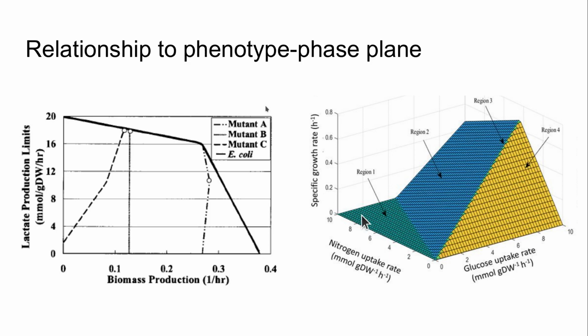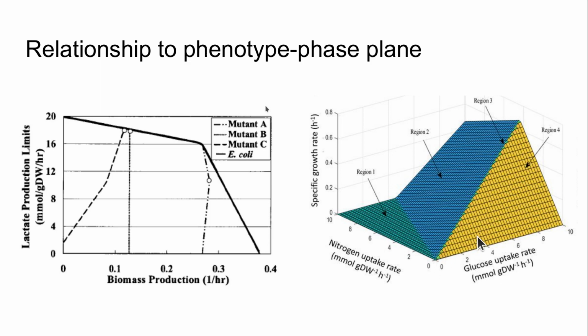This might be a little bit confusing, but the point being that if you were to do a two-dimensional production envelope, the upper bound of the surface of the production envelope would be the same as a phenotype phase plane, because what you're doing is constraining both metabolites at once.